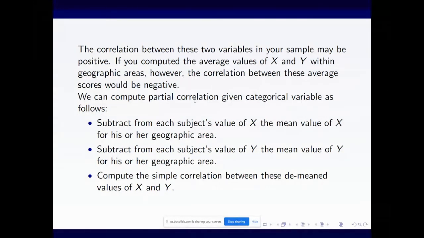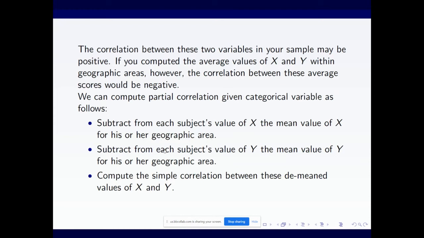Let me back up. We have to consider removing the effect of the geographic area by doing as follows. We subtract, for each subject, the value of x minus the mean value of x for his or her geographic area.